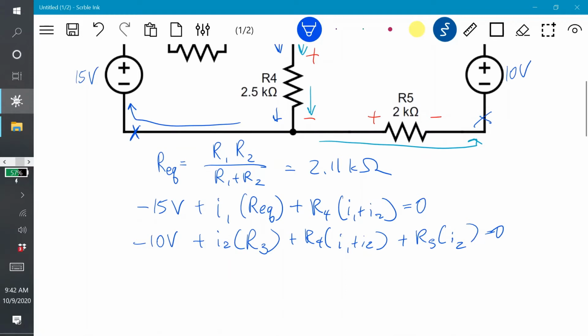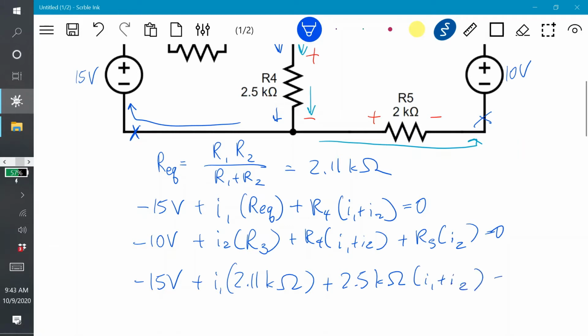So for the first equation, I'll just rewrite it. We have negative 15 volts plus 15 volts, plus I1 times R equivalent, which is 2.11 kilo ohms, plus R4, which is 2.5 kilo ohms, times the sum of I1 plus I2 equals 0.